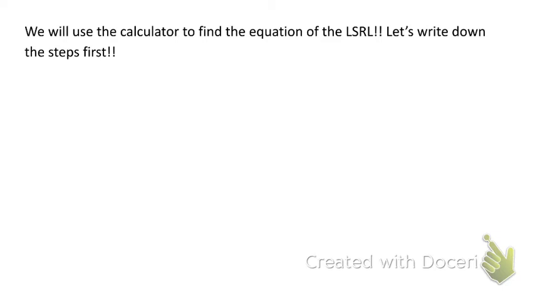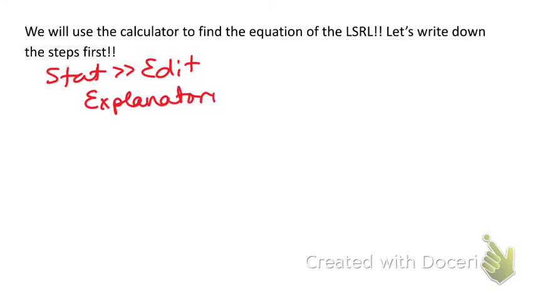So here's how you actually do this in your calculator. You go to Stat, Edit. You're going to put your explanatory variables into L1. You're going to put your response variables into L2. So that kind of looks like when we were making a scatter plot before.